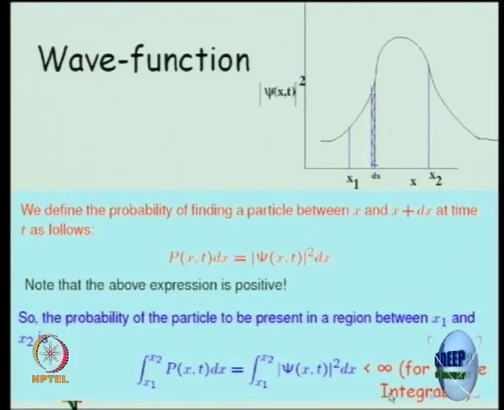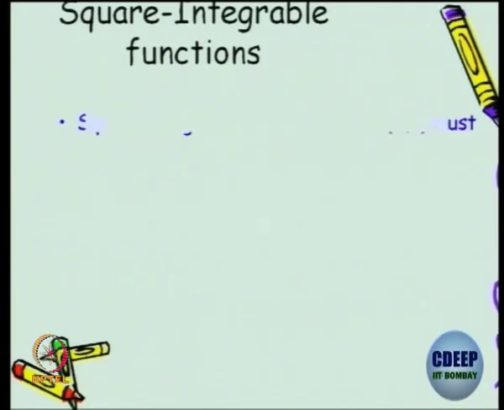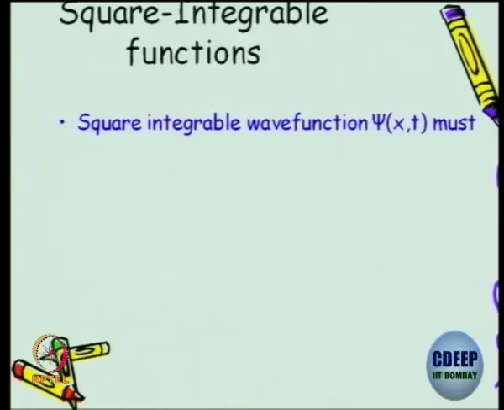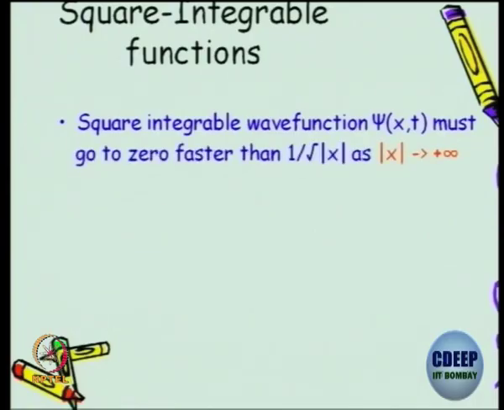So, this is one of the important requirements, called the square integrable condition. For the formal definition, if you have psi of x,t, you have to make sure that it goes to 0 faster than 1 over root x as mod x tends to plus infinity.